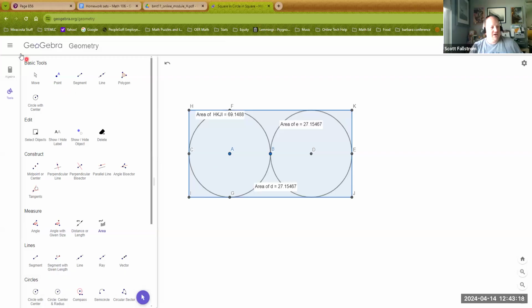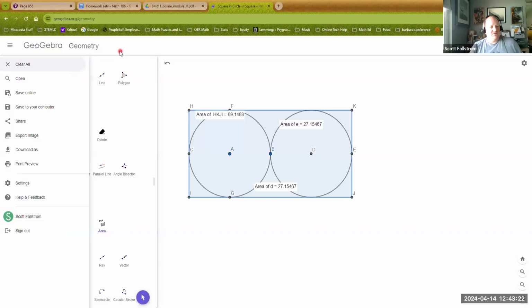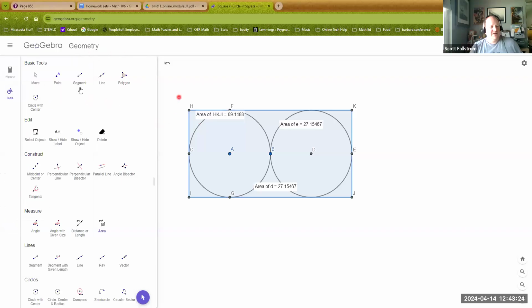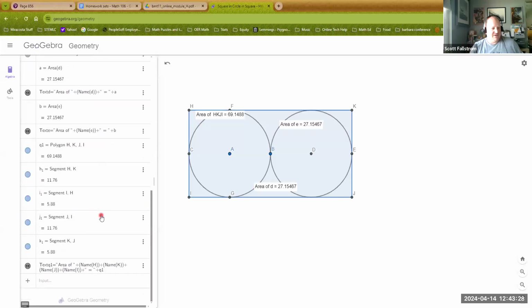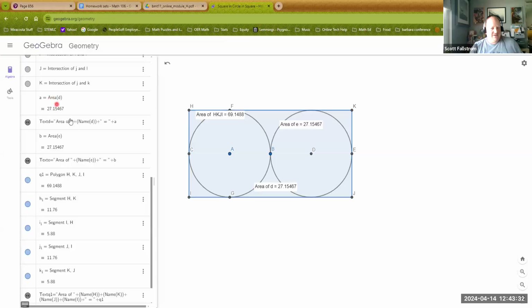All right, let's take a look. So let's go measure it. Oops, wrong one. There we go. Click on the algebra tool. So let's see, what does it tell me here? Q1 is the polygon. A is the area of the first circle. B is the area of the second circle. So I need A, B, and Q1.